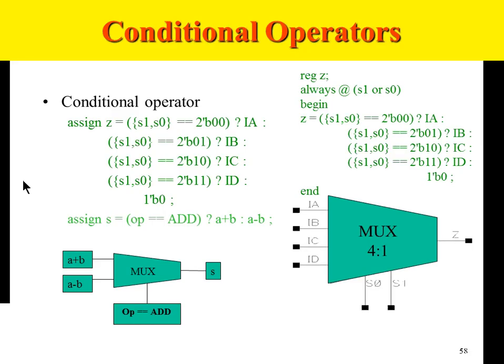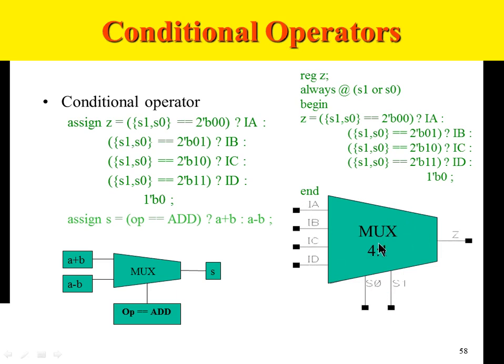Conditional operator. How does a conditional operator work? Now let's say we want to build a mux. Let's take this example first on the right hand side. We have a 4:1 mux, where 4:1 mux means 4 inputs, 1 output, 2 select lines. For n select lines, there are 2 raised to n inputs and 1 output.